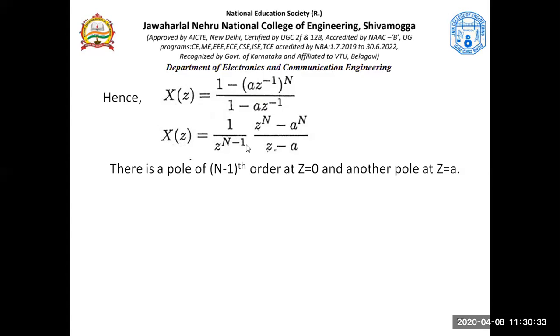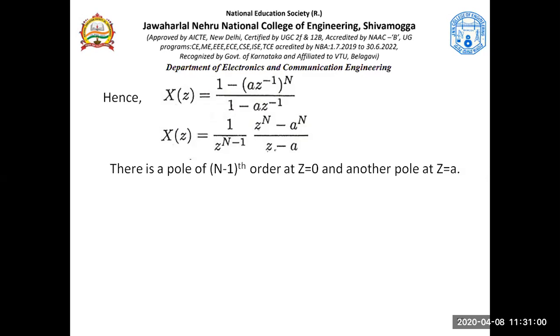So that means we have n minus 1 poles at z equal to 0, and another pole at z equal to a. If z is made a, then this is infinite. If these n minus 1 z's are made 0, then also this X of z is infinite.